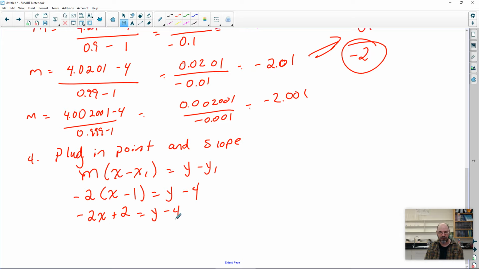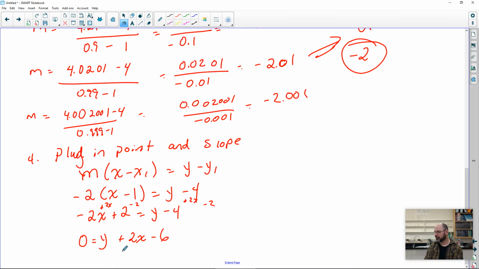Okay, and now we'll move everything over to the left. So we're going to add 2x and subtract 2 from both sides. So then we got 0 equals y, and then plus 2x, and then minus 6.